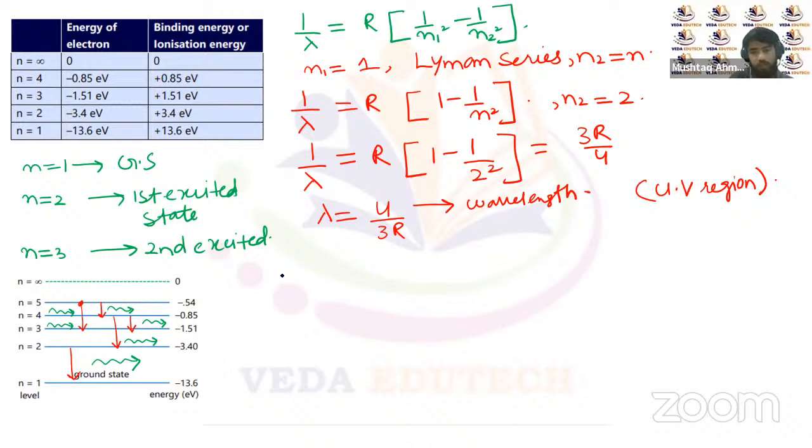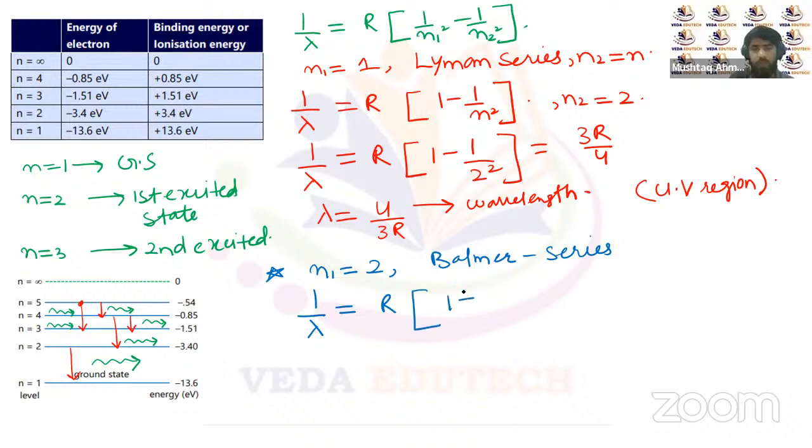Similarly, if we have n1 value equal to 2, such a series we call the Balmer series. So for the Balmer series, n1 is equal to 2, or we can say 1 upon lambda for the Balmer series will be equal to R times (1 upon 4 minus 1 upon n square).